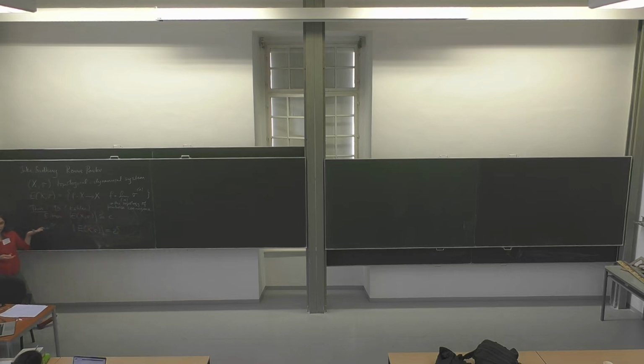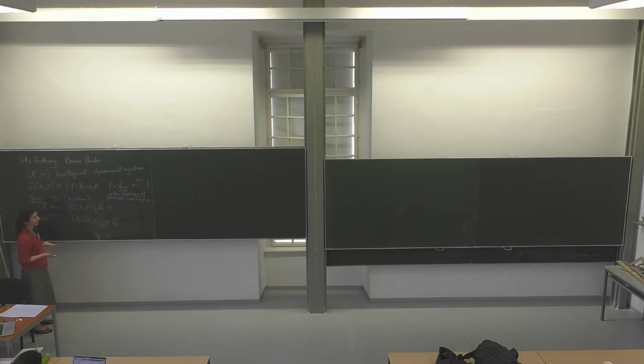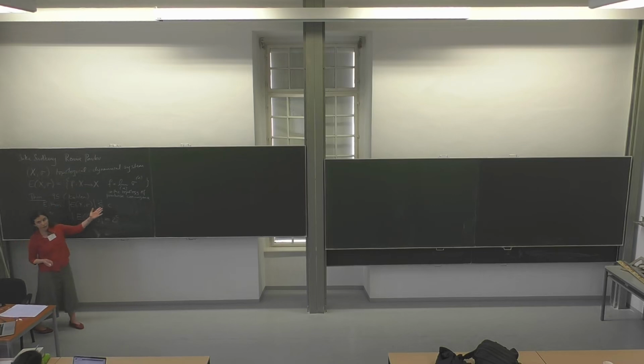Okay, so this is the dichotomy. This is huge, and generally speaking, if you're in this camp, then it's very difficult to say anything about the Ellis semigroup. In this camp, it's almost tractable.